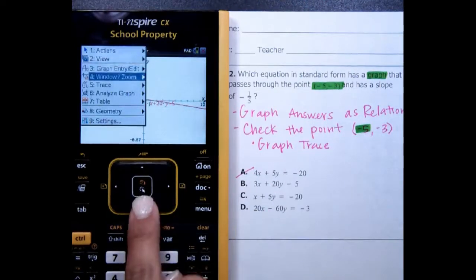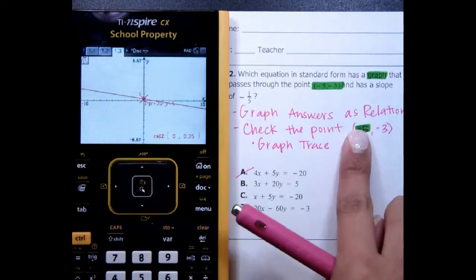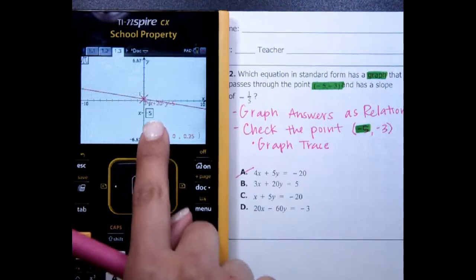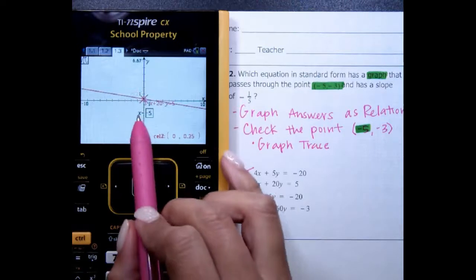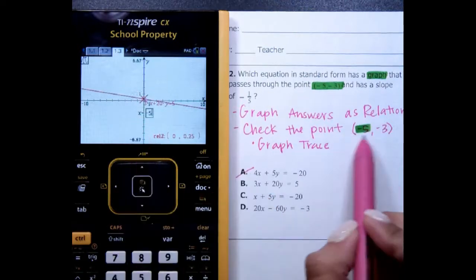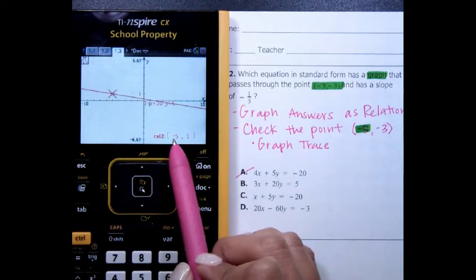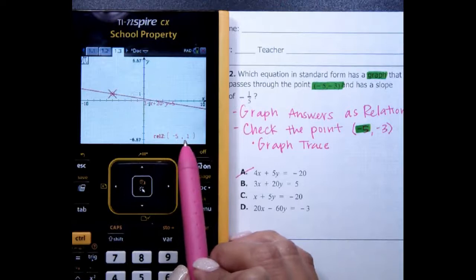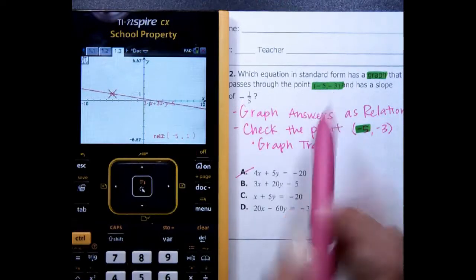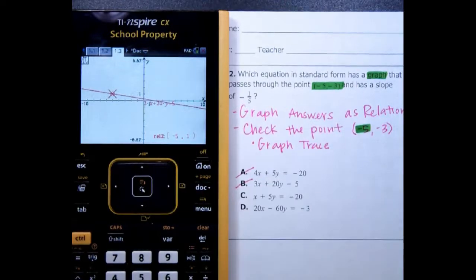Menu, trace, graph trace. -5. As soon as I start typing -5, you'll see that it says x equals. Well, the x value of my ordered pair is -5. That's why I'm putting in -5. On this graph, when x is -5, y is 1. Well, that's not the same as this point, so it can't be B.